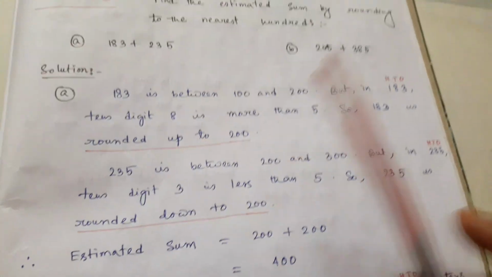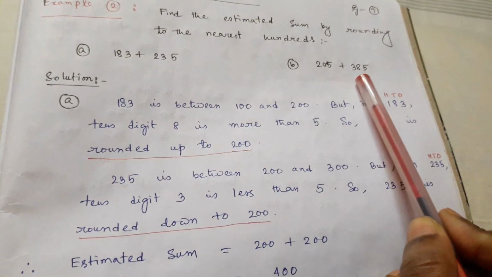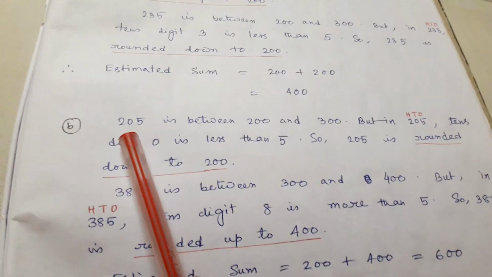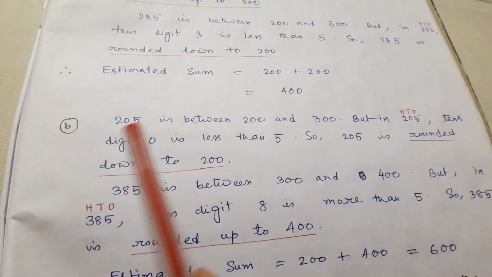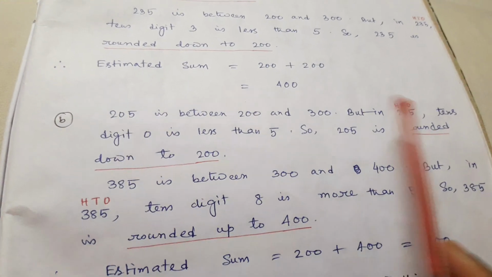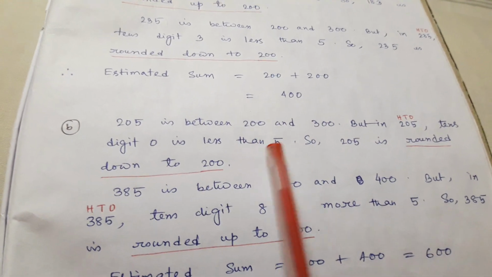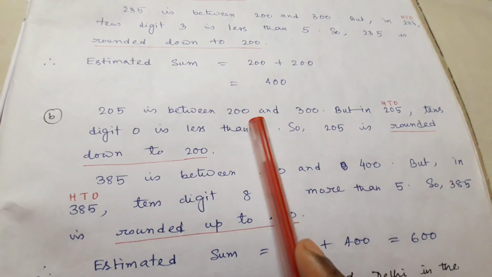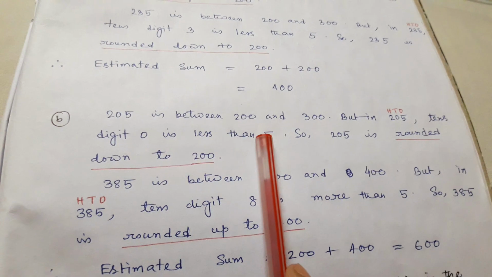Okay, now the next example, 205 plus 385. The first number is 205, and its nearest hundreds multiples are 200 and 300. Its tens digit is 0, which is always less than 5. So 205 is rounded down to 200 as its tens digit is less than 5.